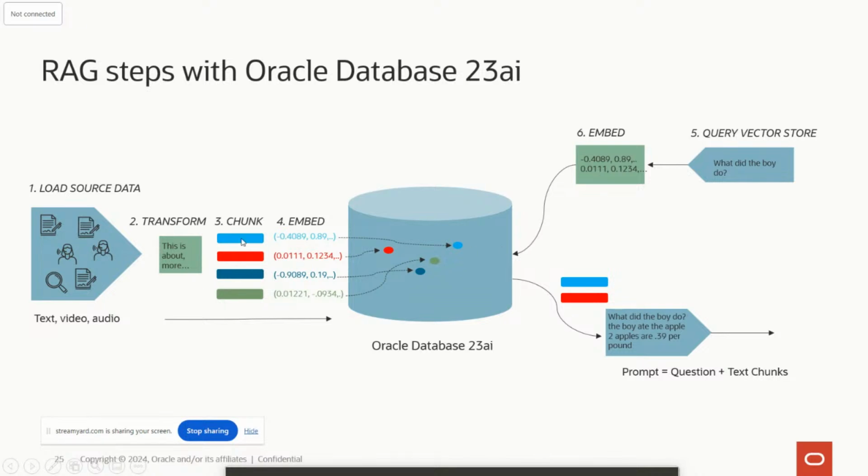Let us say, in this case, blue and red are the text that can answer the question. Then those two blue and red texts are sent to the LLM. The LLM then responds with an answer which is more relevant, because you are passing relevant data from your database or vector store to the LLM. So that is, in a nutshell, the complete life cycle of a RAG application.